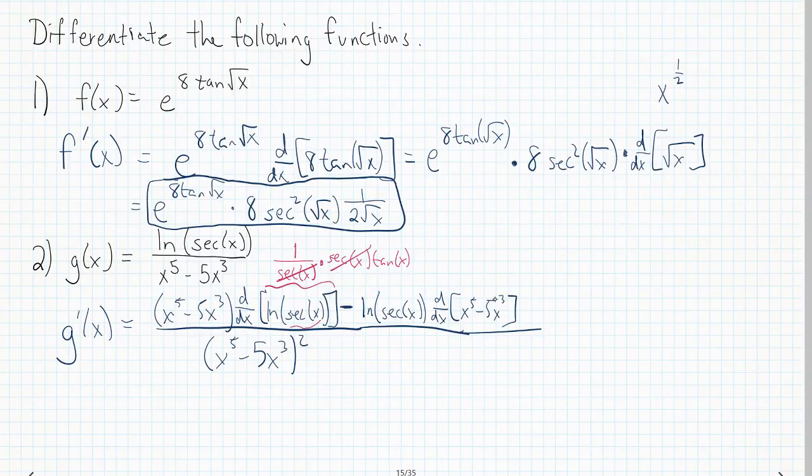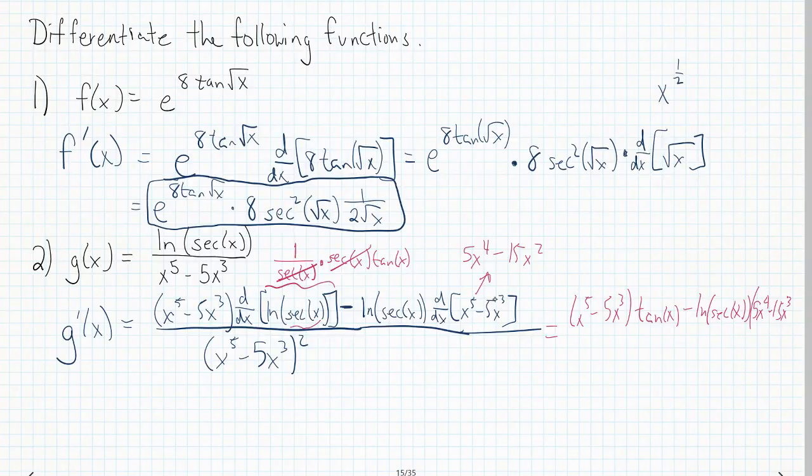Now for the next part, we'll use the power rule here, so you get 5x to the 4th. And then it goes 5 times 3x squared, so we go minus 15x squared. So this whole thing becomes x to the 5th minus 5x cubed times tangent of x, minus the natural log of secant of x, which is actually just the natural log of cosine x, times 5x to the 4th minus 15x cubed.